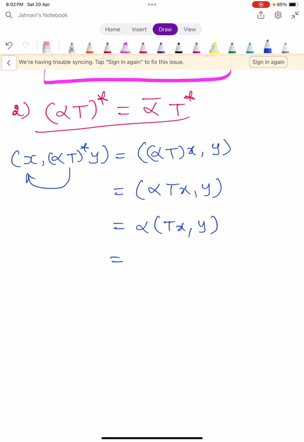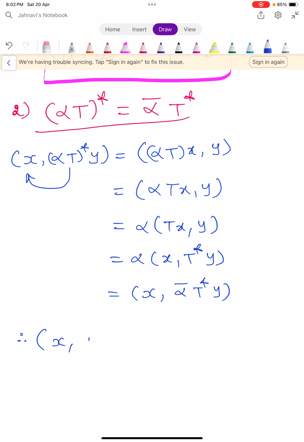Now shift this T to that side, so you can write alpha times x comma T star y. Now move this alpha inside, so it can be written as x comma alpha bar T star into y.